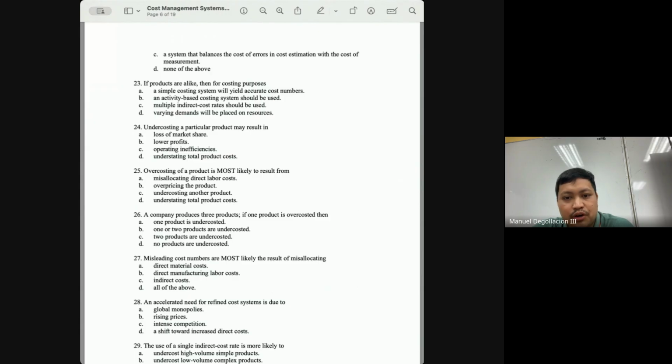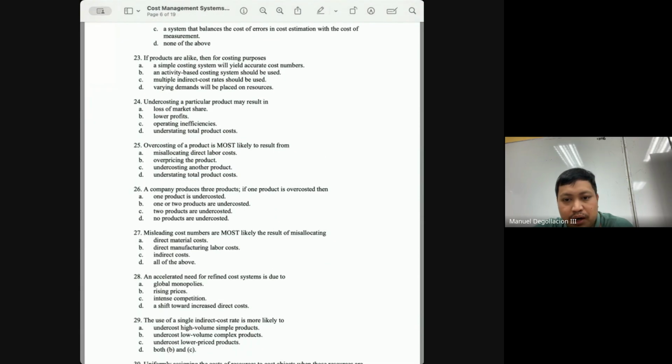Best answer here for number 24, class, is letter B, lower profits. 25, overcosting of a product is most likely to result, letter C, undercosting another product.